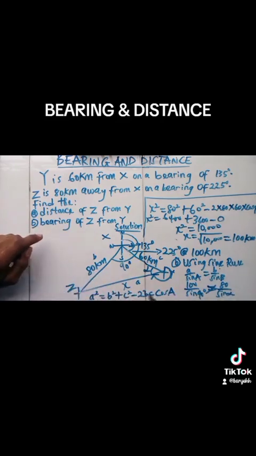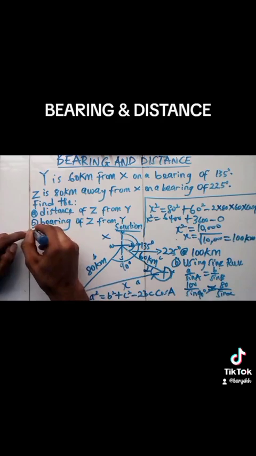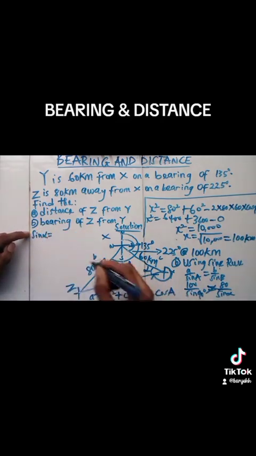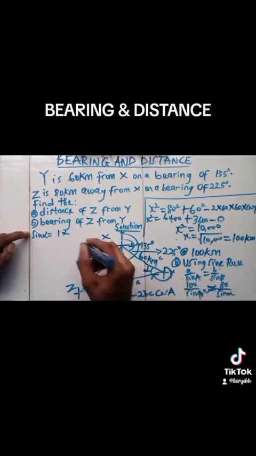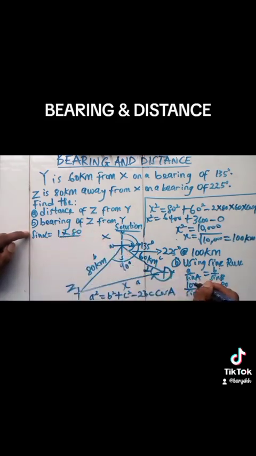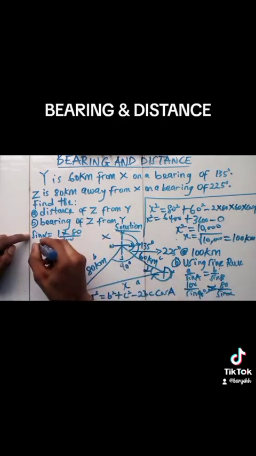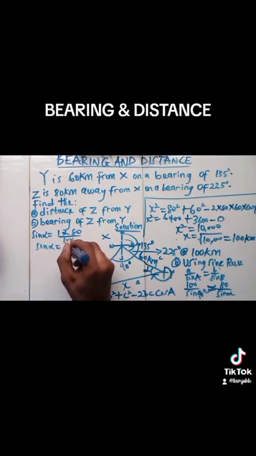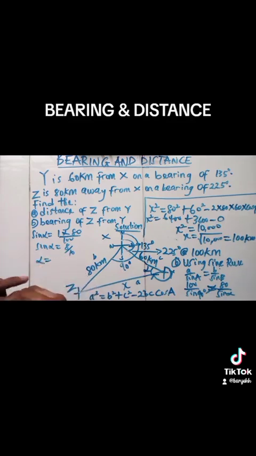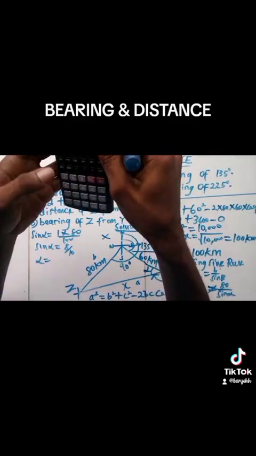100 times sine alpha, so I will have it that sine alpha is equal to sine 90 degrees, which is 1, times 80 divided by 100, and sine alpha is equal to 8 over 10, which is 4 over 5. So alpha is equal to the sine inverse of 4 over 5.